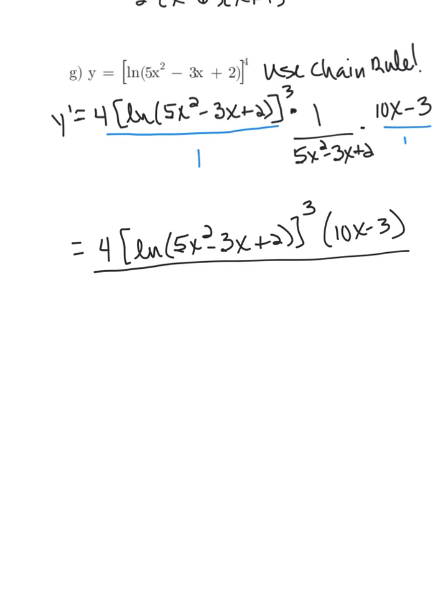All of that goes over 5x squared minus 3x plus 2. Do not try to simplify this in any way. You cannot. I know that the denominator matches what you're doing the natural logarithm of, but you cannot simplify that because part of it's an argument and part of it's not. So this is your answer.